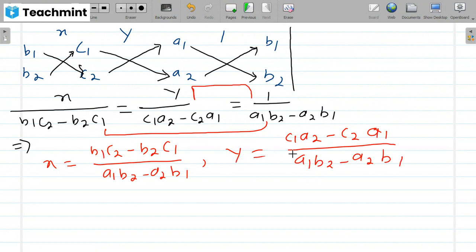Now using these two rules, we can find the value of x and y.